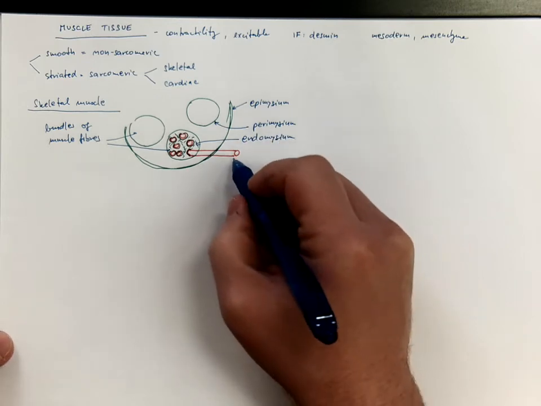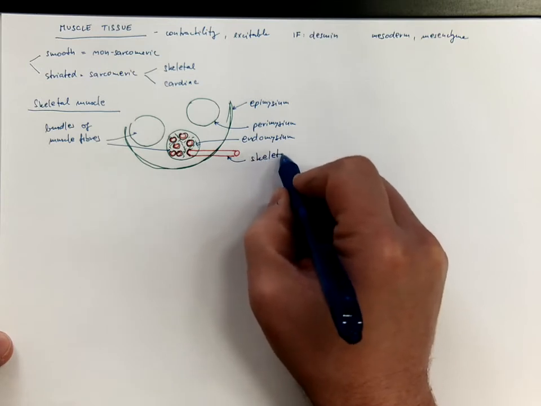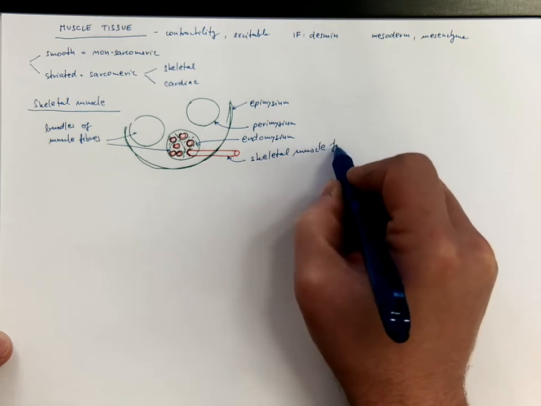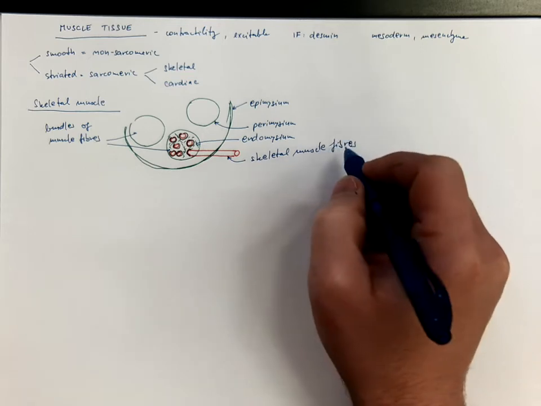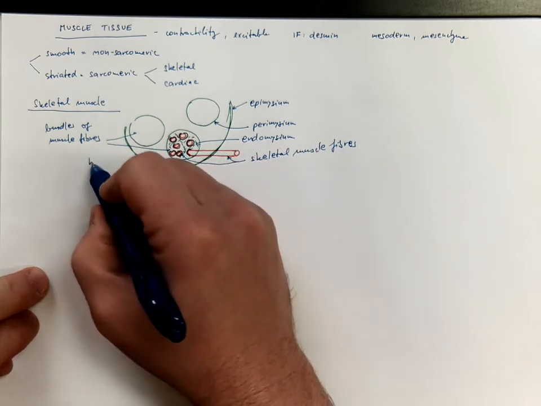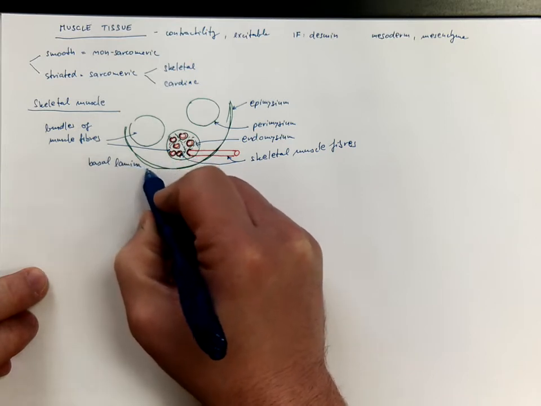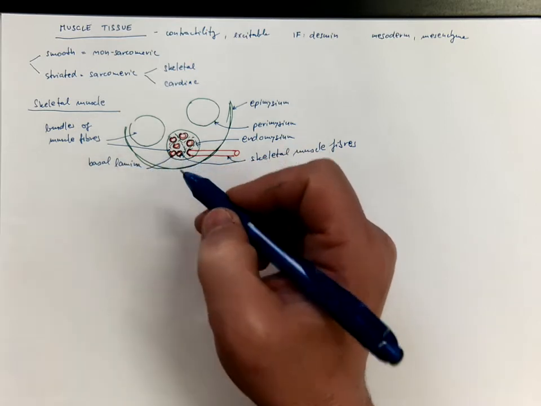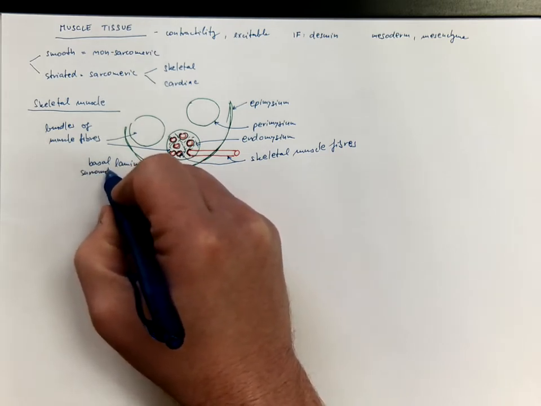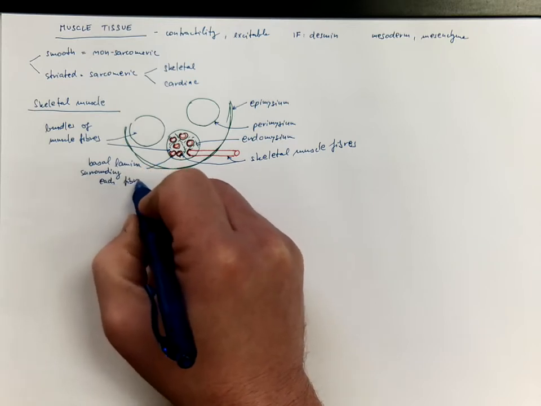And these are skeletal muscle fibers, surrounded by basal lamina, surrounding each fiber.